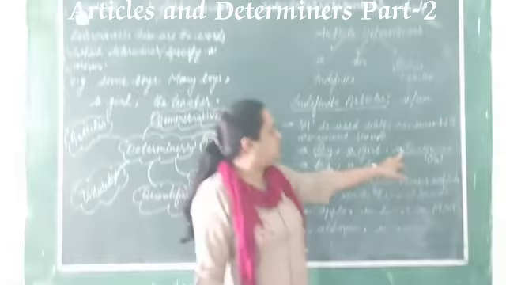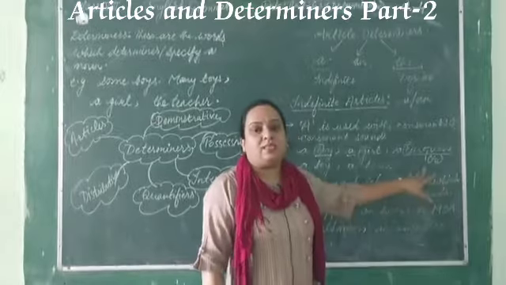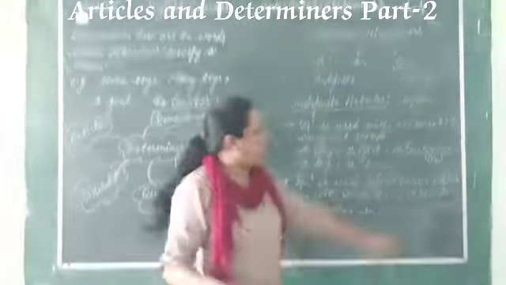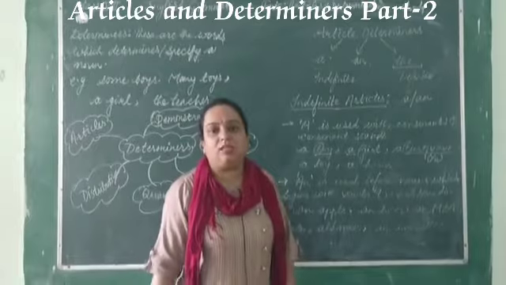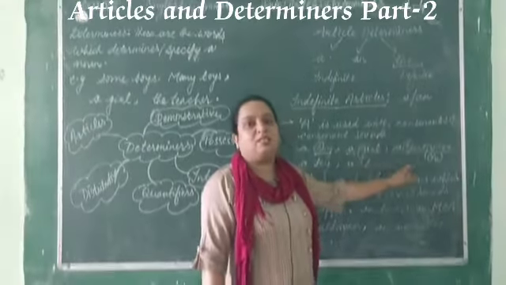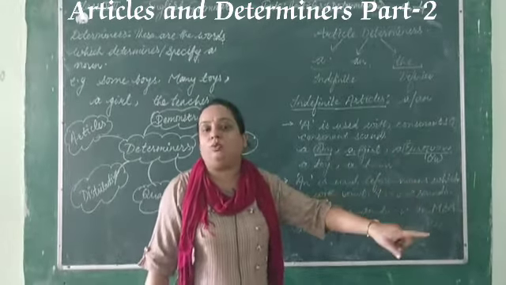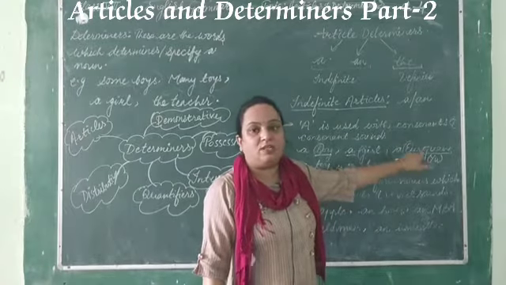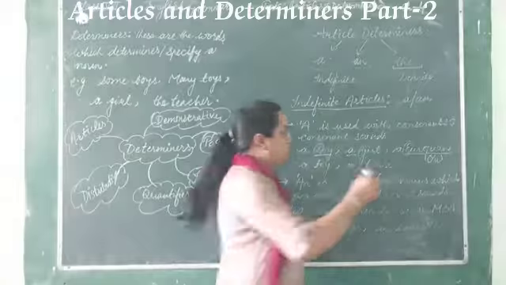When we pronounce the word European, it is not giving the sound of E, it is giving the sound of U, YU or YOO.